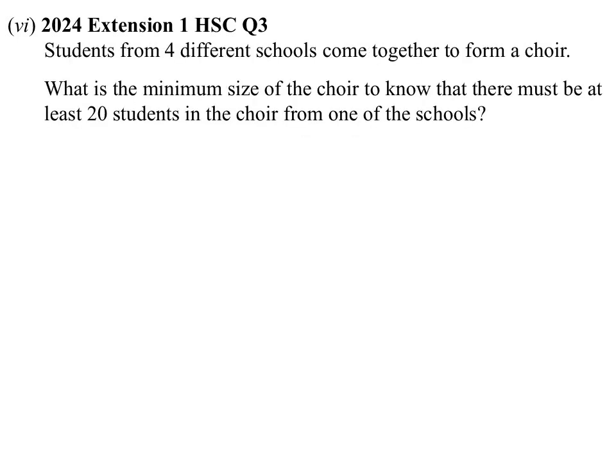Last year's question: Students from 4 different schools come together to form a choir. What's the minimum size of the choir to know that there must be at least 20 students from the one school? So again, we want to know K divided by 4.